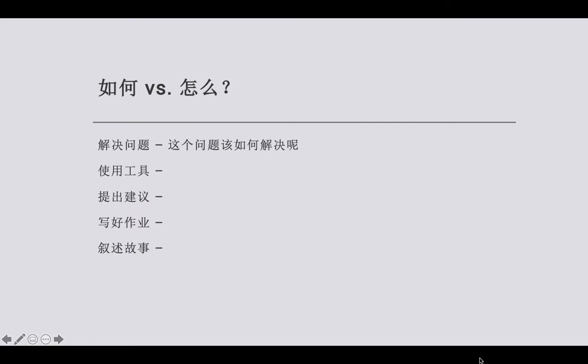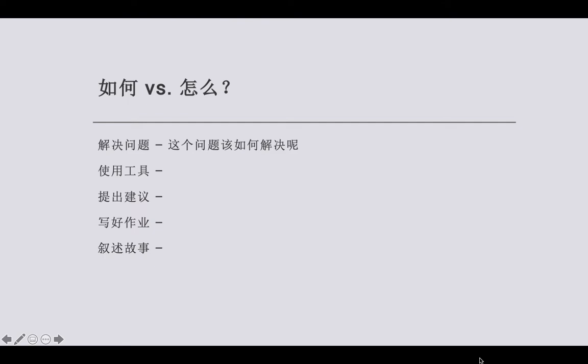该这个问题该如何解决呢? Because you see, in this first example, 解决 is the verb, and what needs to be solved is the problem, so you put the 问题 at the beginning of the sentence, and then you put 解决 after 如何.